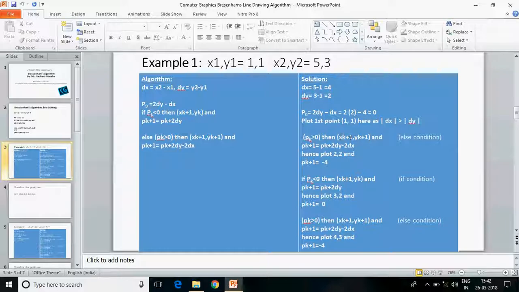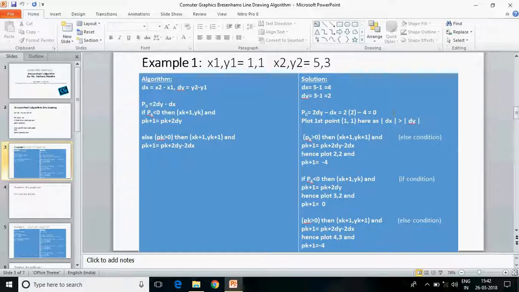Since this is xk plus 1 and yk plus 1, the next coordinate that we will plot after 1 and 1 is 1 plus 1, and yk plus 1 will be 1 plus 1. Hence, the new x, y that we will plot is 2, 2.